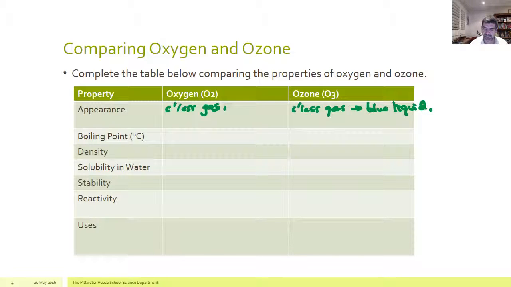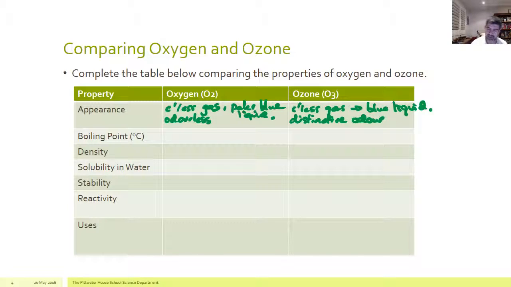Oxygen can condense as well, but it forms a paler blue liquid when it condenses. The oxygen has no odor, it's odorless, but ozone does have a distinctive odor. And so that is one of the important differences between them.